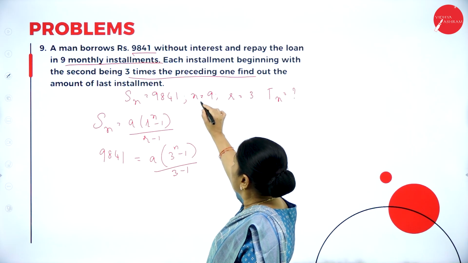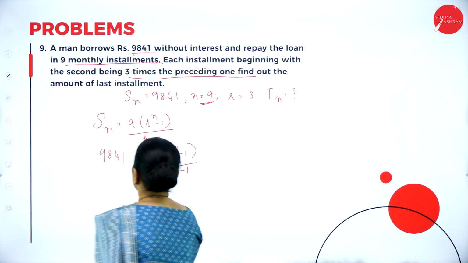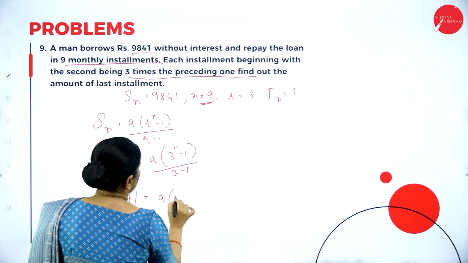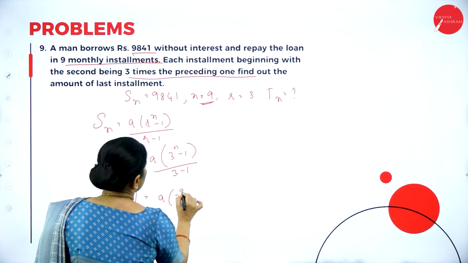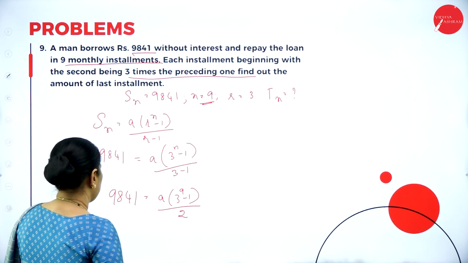So we know here n is equal to 9. So we'll substitute the value of n here. 9841 equals A into 3 to the power of 9 minus 1 divided by 2.